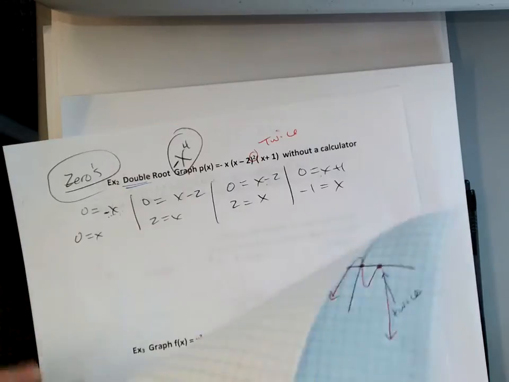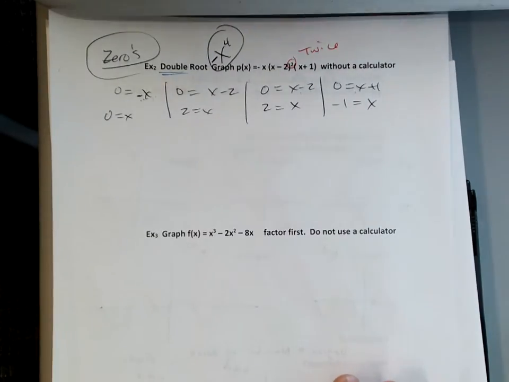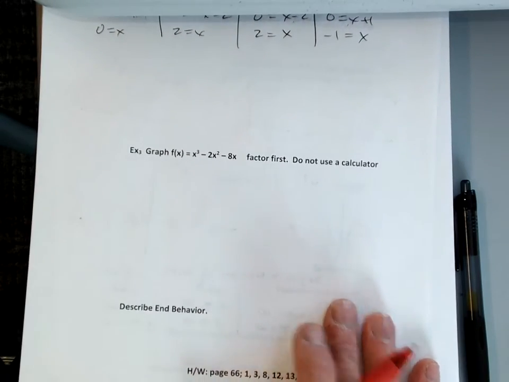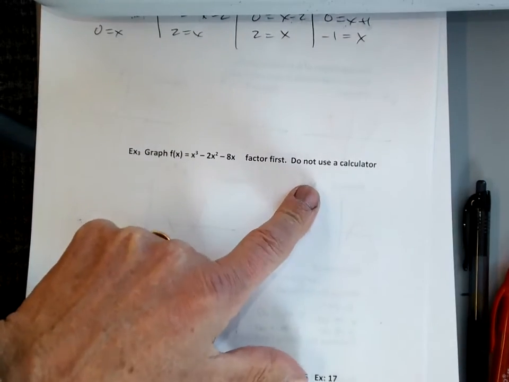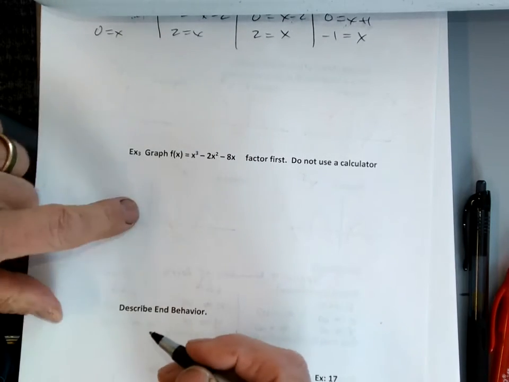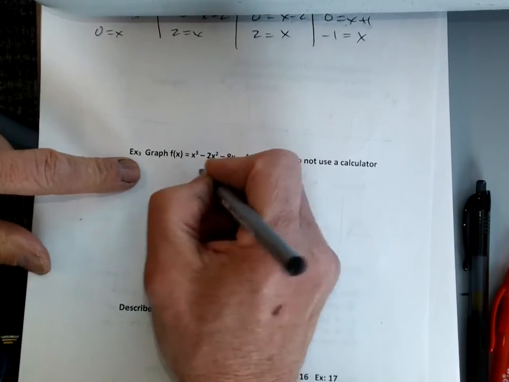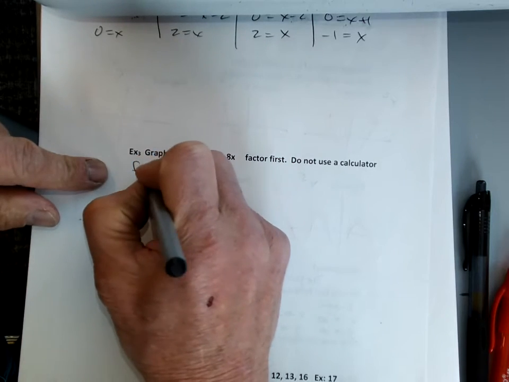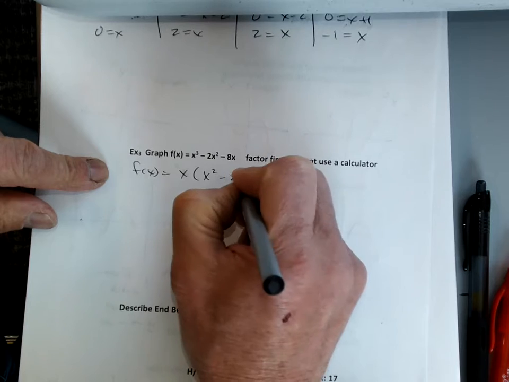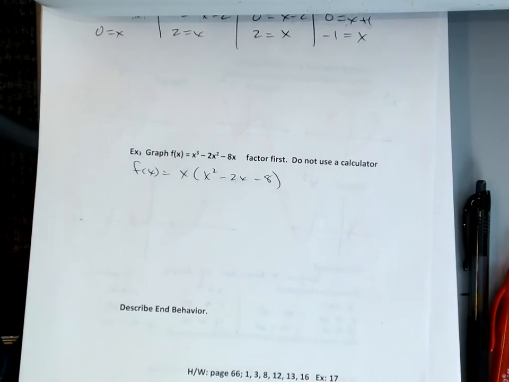Now let's take a look at example 3. Before I do anything, let's factor. It says do not use a calculator. I don't need a calculator. I'm smart. So are you. We're brilliant. So the first thing I'm going to do is factor. f of x is equal to x times x squared minus 2x minus 8, common factoring an x.